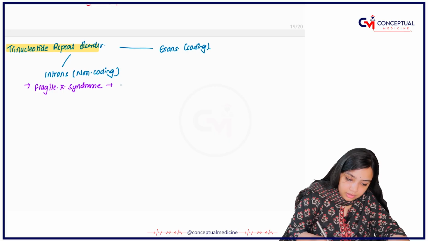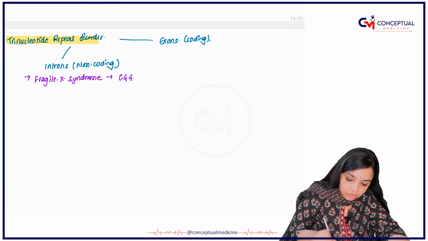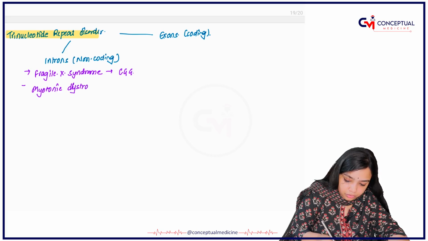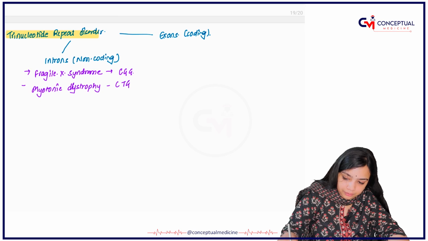Fragile X syndrome is the CGG trinucleotide disorder. Then you have the myotonic dystrophy. That is your CTG.